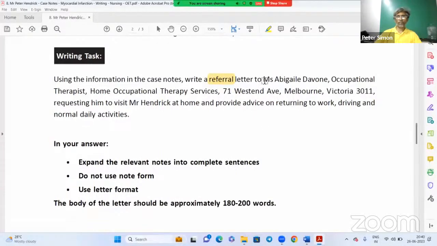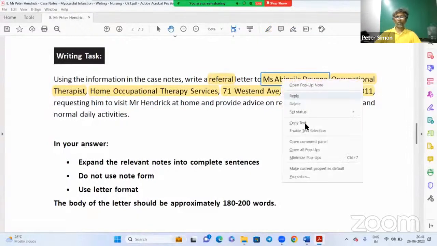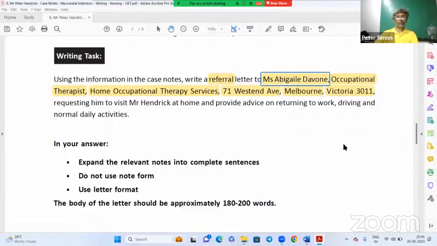Then you're writing a letter to Miss Abigail Devon, occupational therapist, Home Occupational Services, 71 West Avenue, Melbourne, Victoria 3011. So this is the address. So this is the first line of the address.